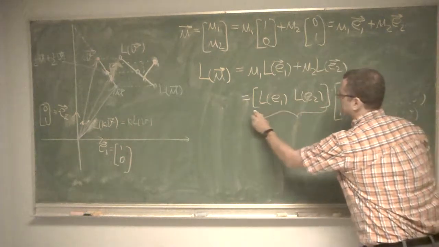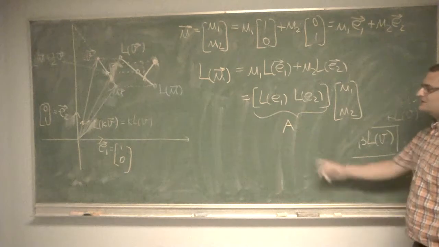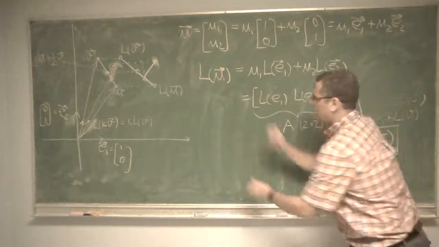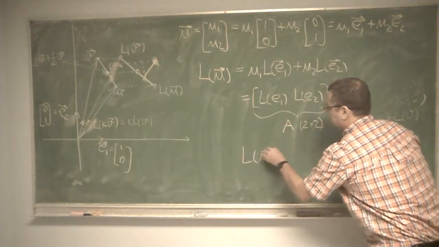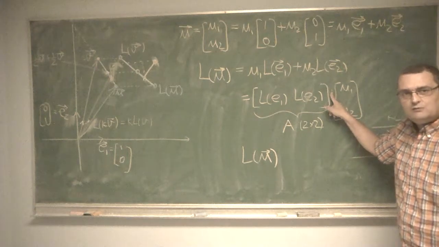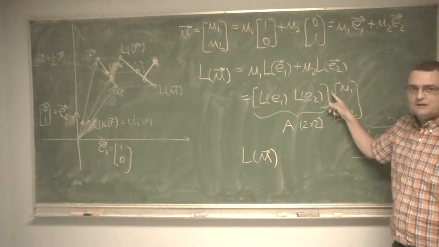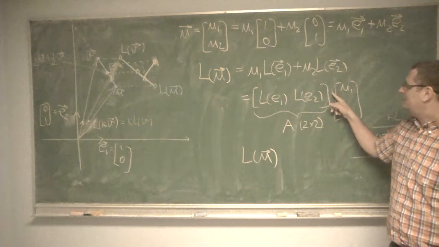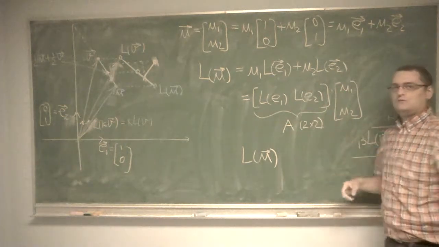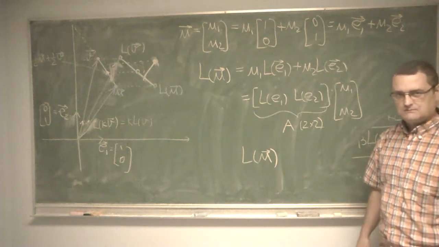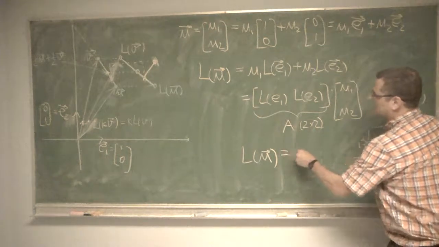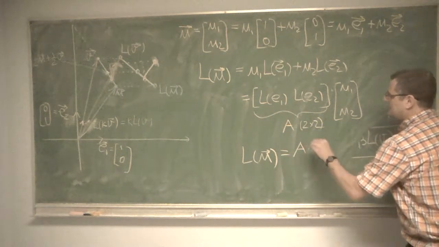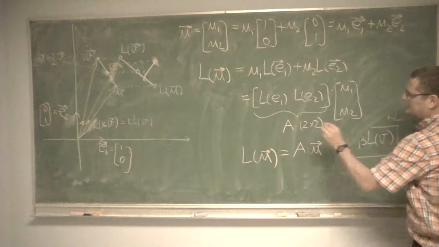And if I denote this by matrix A, it's going to be a 2 by 2 matrix, and L of U can be represented. This is just a product of matrices, the way we define it. Remember, it was a bit weird maybe, but you can see in the book some justifications, some examples where this way of defining the product of 2 matrices becomes handy. So we have L of U, and here is one such situation, can be written as matrix A times the vector U.